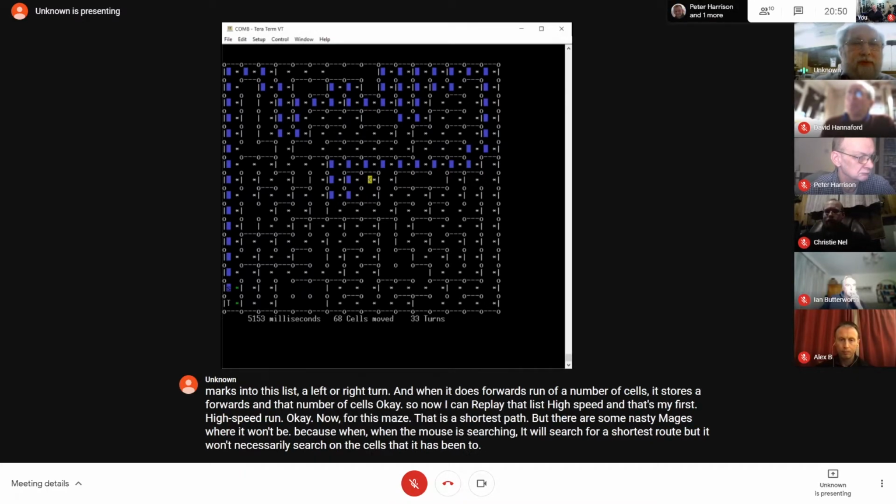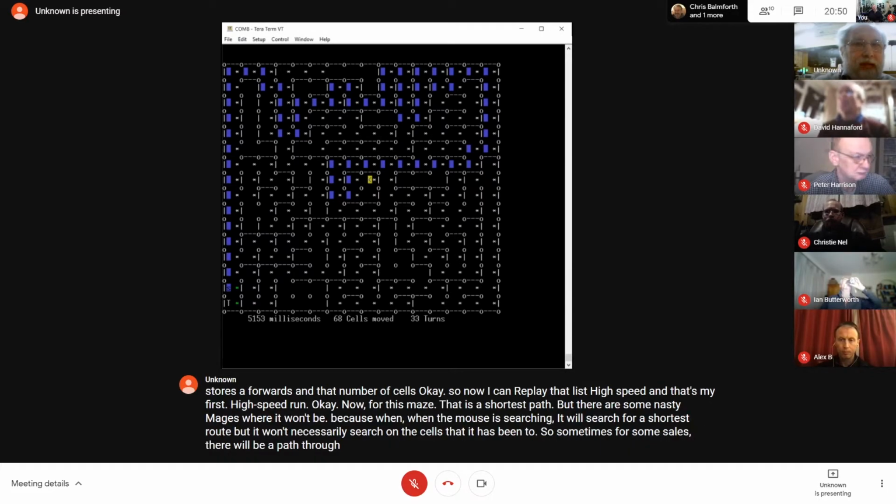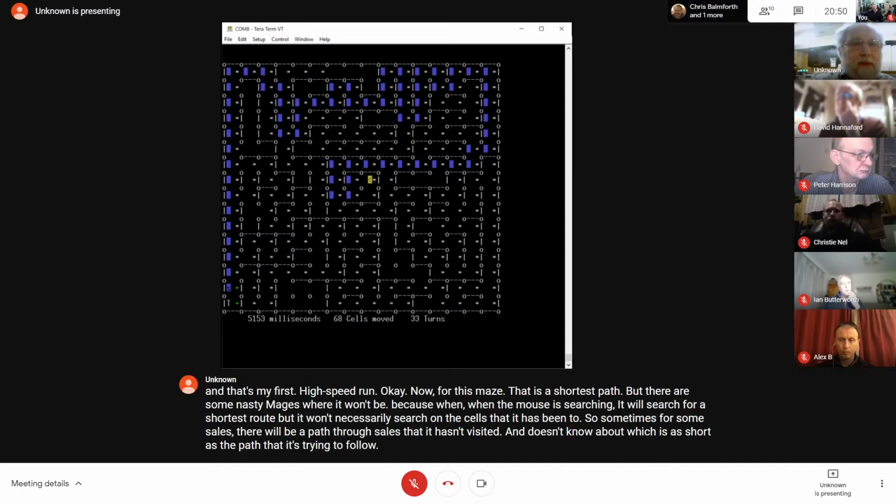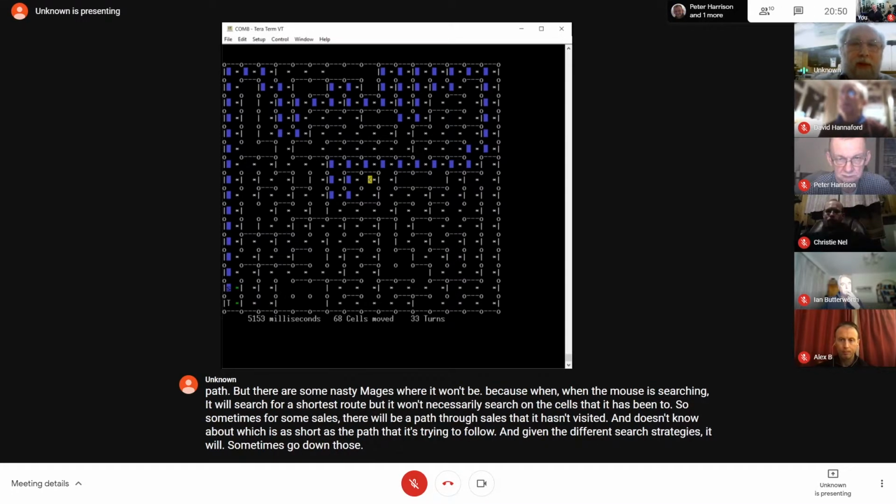So sometimes for some cells, there will be a path through cells that it hasn't visited and doesn't know about, which is as short as the path that it's trying to follow. And given the different search strategies, it will sometimes go down those. So although this is a pretty fast route, it's not guaranteed to be the fastest route.